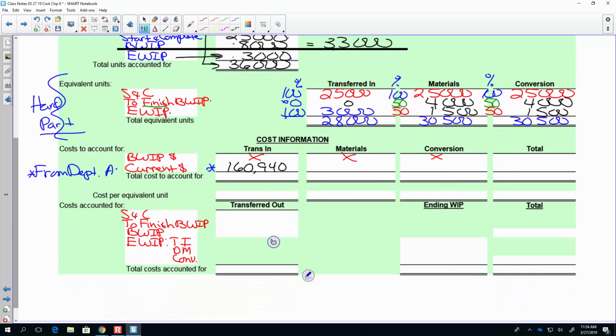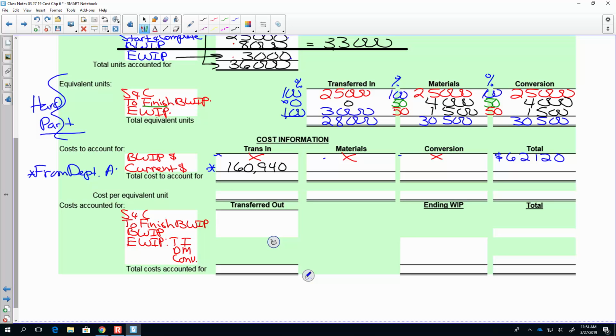Our total cost in beginning is $45,320. Department B, 16,800. 62,120. Everybody understands why I'm not putting those numbers in the individual columns.